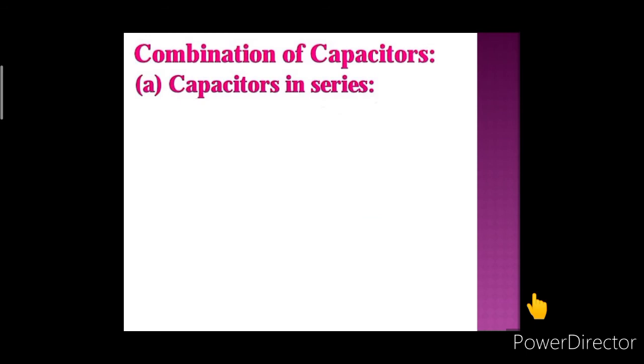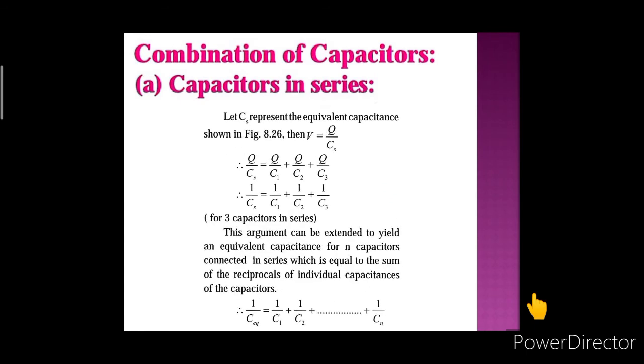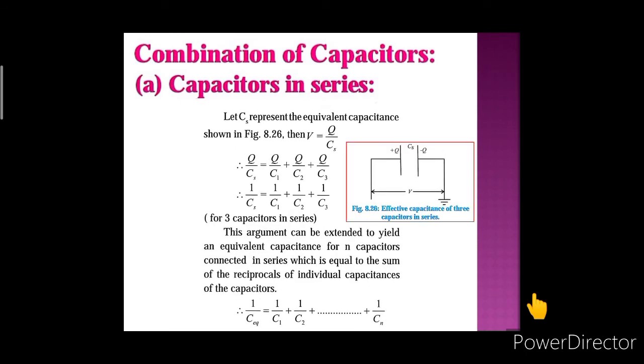Then we are considering that Cs represents the equivalent capacitance, then V is to be written as Q upon Cs as per the formula, and hence we can write the equivalent equation for V is equal to V1 plus V2 plus V3 as Q upon Cs is equal to Q upon C1 plus Q upon C2 plus Q upon C3.